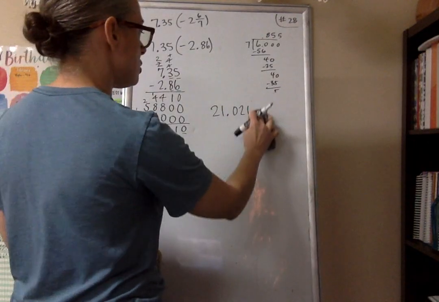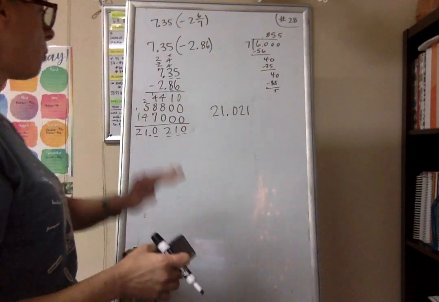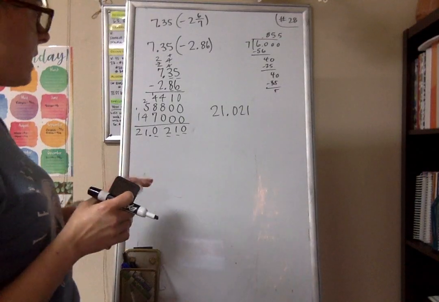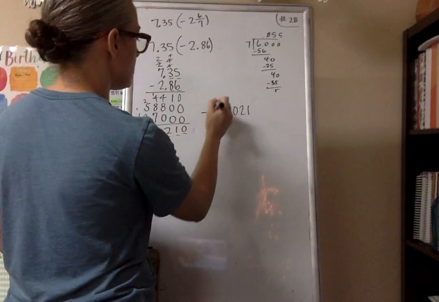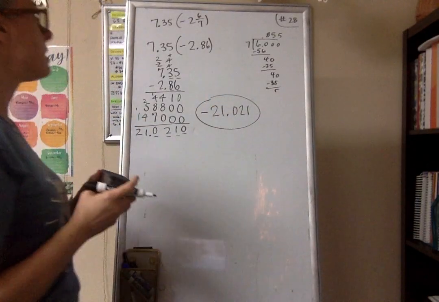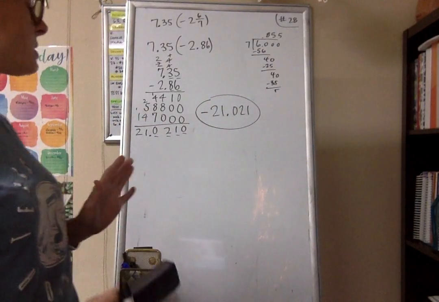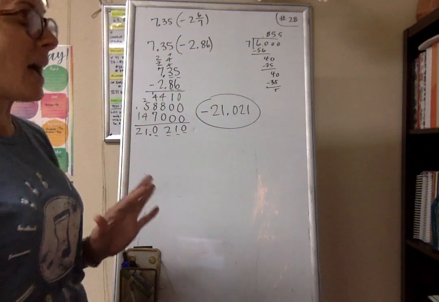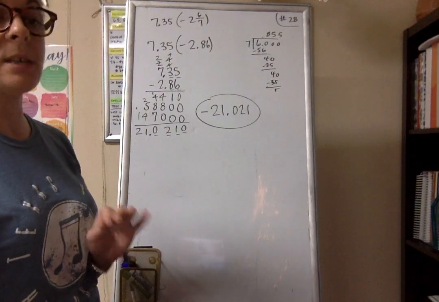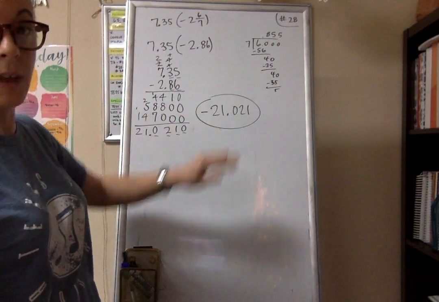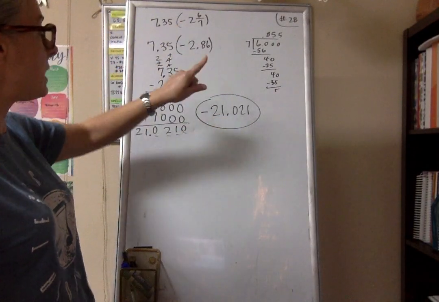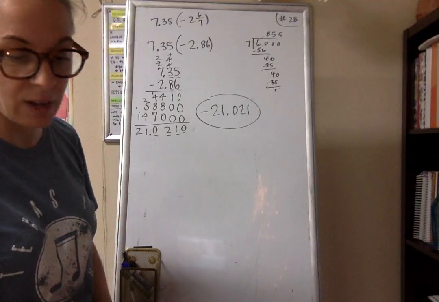And so I can just write 21.021 as my decimal answer. And I can't forget that it's going to be negative, because my rules when I multiply are that odd quantities of negative signs in the problem produce a negative answer. And I had one negative symbol, so I have a negative answer.